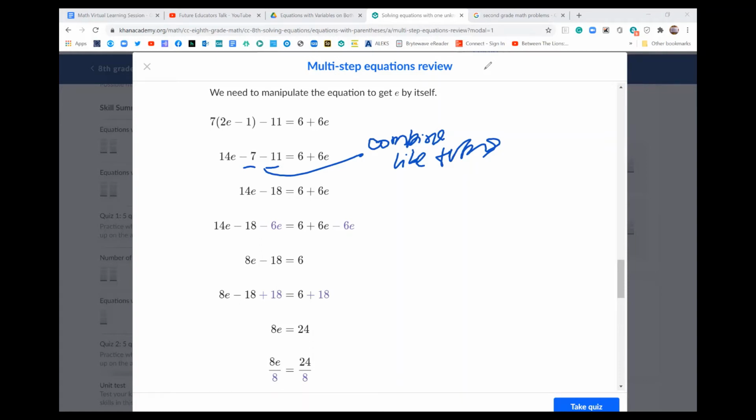Now we're at a two-step equation here. There are a few ways that you can do it, but in this problem, you subtract 6E on both sides.